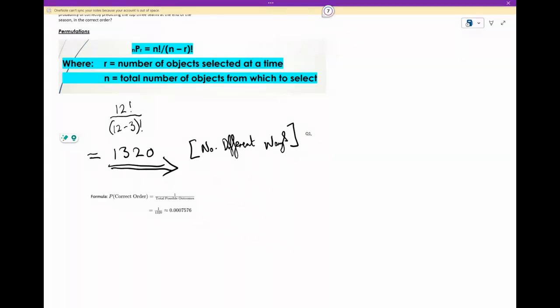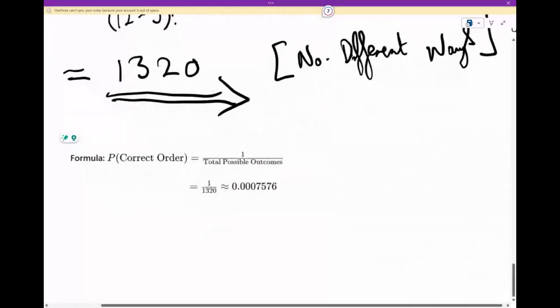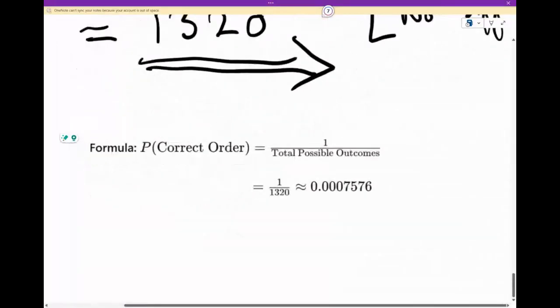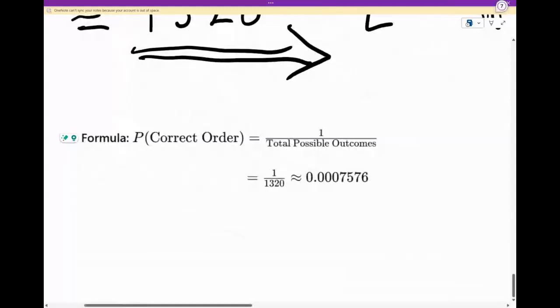So 1 divided by 1,320 gives you the probability of 0.007576. And if we put this in a percentage, that would be 0.7576%. So why are we dividing 1 by 1,320?